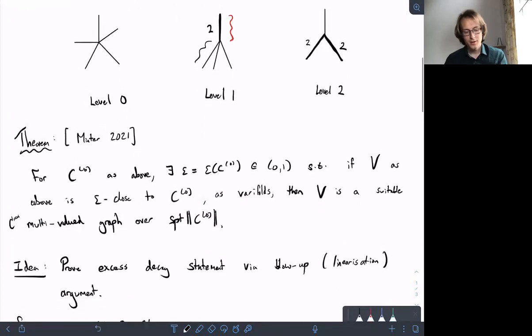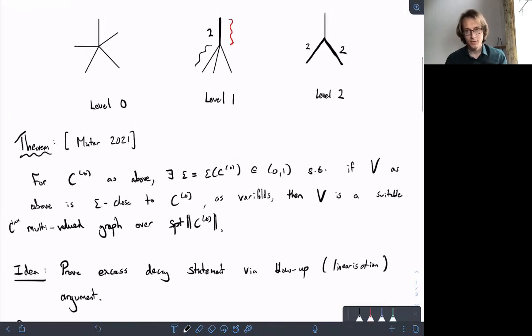And so the idea of the proof is going to be, as a lot of these regularity results go, to prove an excess decay statement via a blow-up procedure or linearization procedure, which dates back to De Giorgi in 1961.